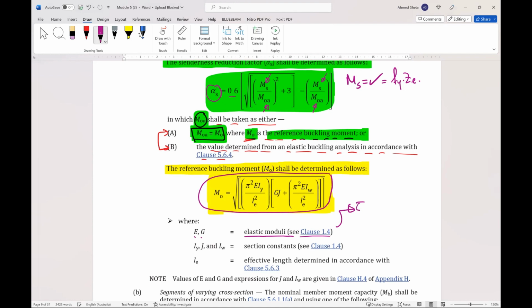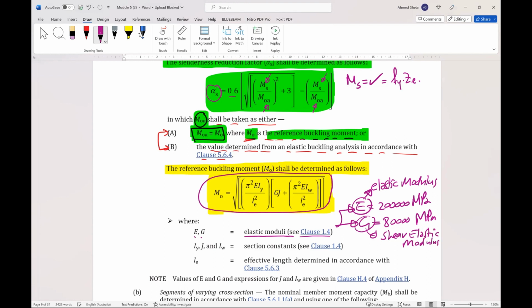For your information, E equals 200,000 MPa and G is 80,000 MPa. E is the elastic modulus or Young's modulus. G is the shear elastic modulus. And these can be found in the standard in clause 1.4, which is the definition of the material.